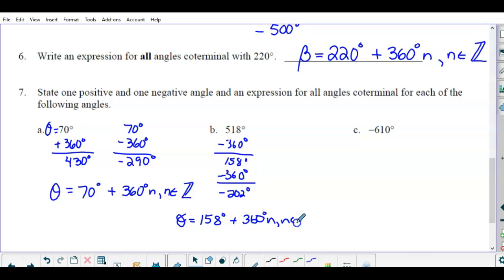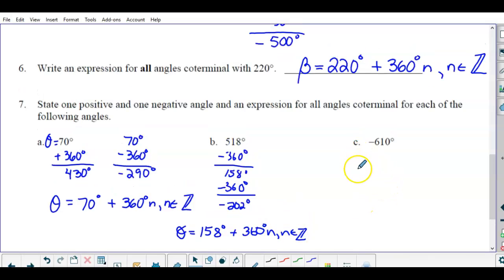Now you might see it as plus or minus 360n, but then your n would have to be a natural number. If you use integers, you don't need to have the plus or minus.